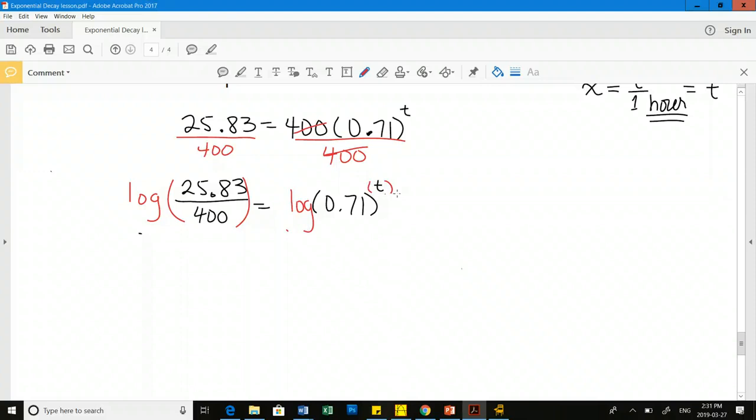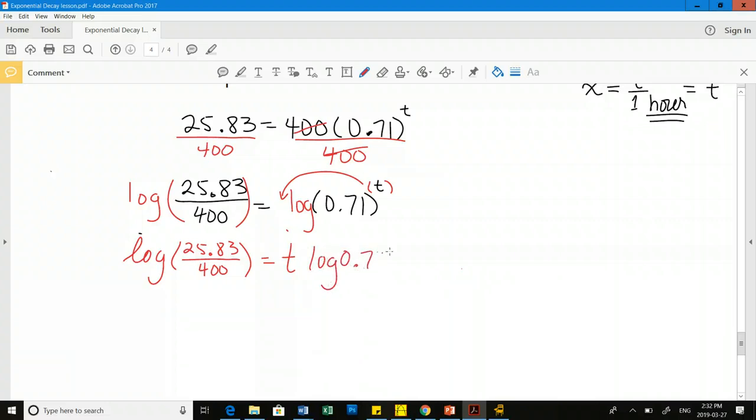The log function allows us to take that exponent and move it down as a multiple in front here. So here's what we've got. Okay, this is called the power rule, or we called it the parachute rule as well.